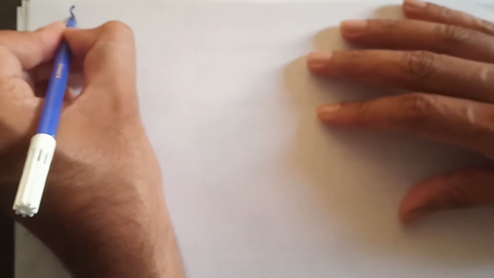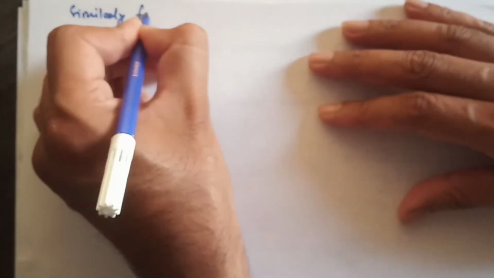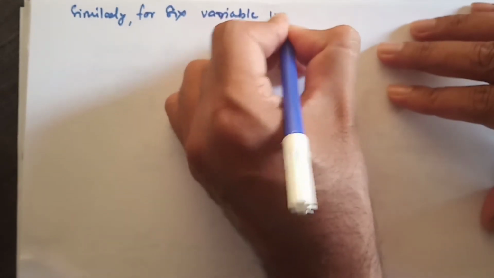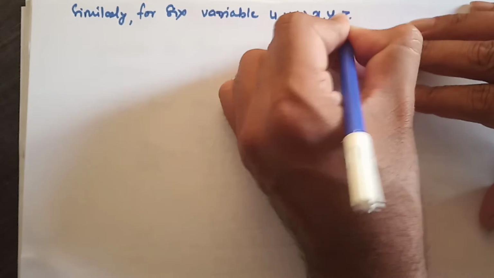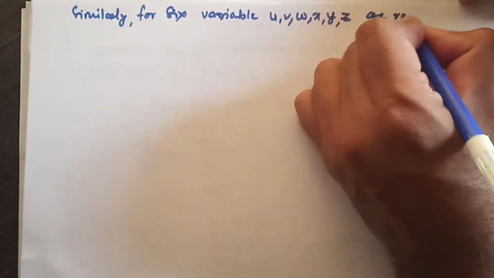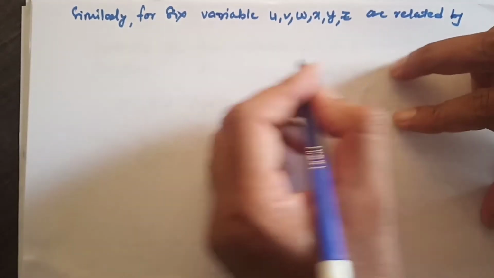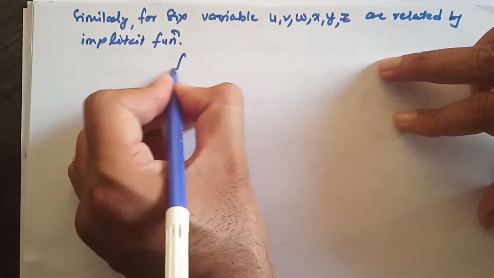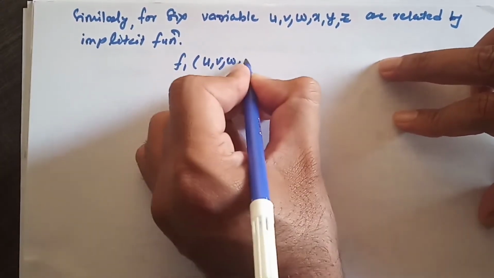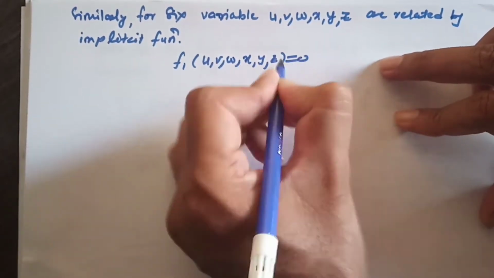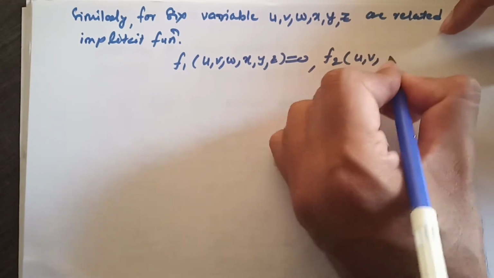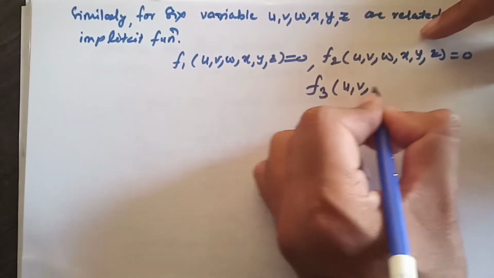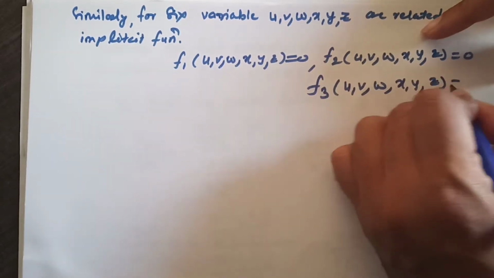Similarly for 6 variables u, v, w, x, y and z, connected by implicit functions, that is f1(u, v, w, x, y, z) is equal to 0, f2(u, v, w, x, y, z) equal to 0, and the third function f3(u, v, w, x, y, z) equal to 0.